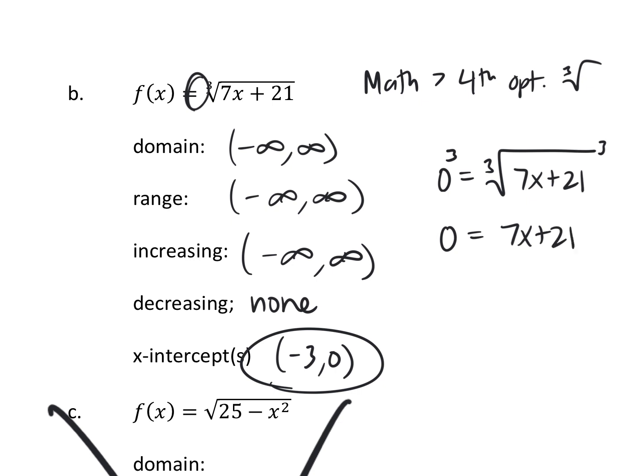And if I solve this equation, subtract the 21 over, we end up with x equaling -3, which is exactly what I got on my graphing calculator. Okay, so sometimes you'll be able to use your graphing calculator, sometimes you won't, so you'll need to know how to solve both ways. Okay?